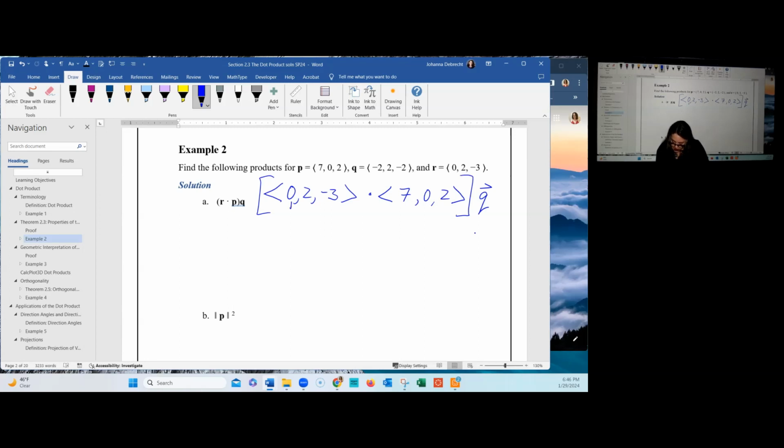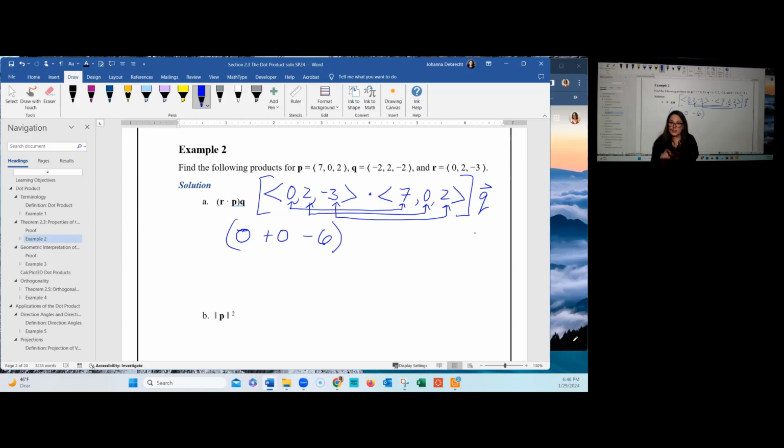I multiply this component by that component, which gives me 0. Then I multiply this component by this component, which also gives me 0. And then I multiply the third component by the third component, which gives me -6. Notice that the dot product of two vectors is a constant, in this case, -6.